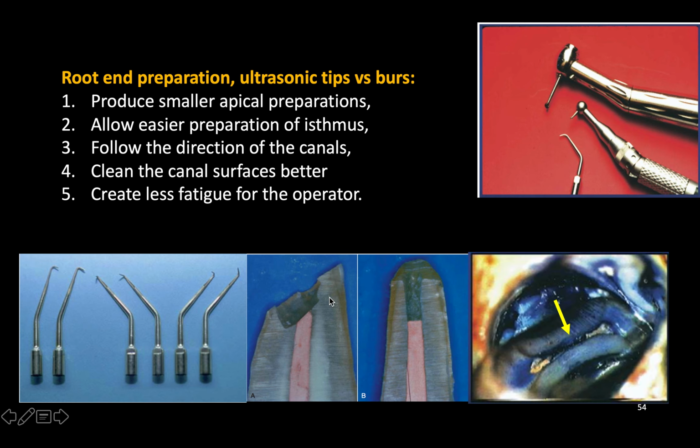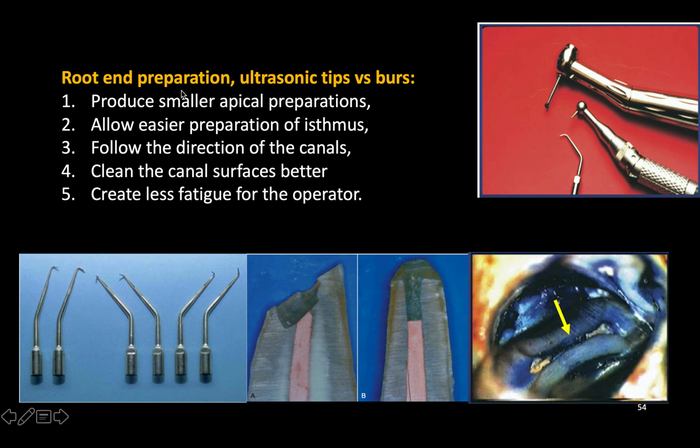So this is not needed anymore, because we now have ultrasonic tips that have different angles to allow accessibility to different roots for all of the teeth. And these ultrasonic tips have helped us to prepare isthmuses as well, which was very difficult to prepare previously when we used handpieces instead of ultrasonics.